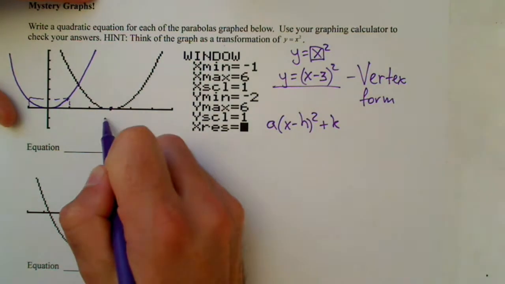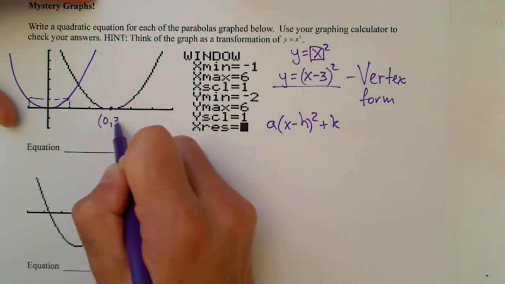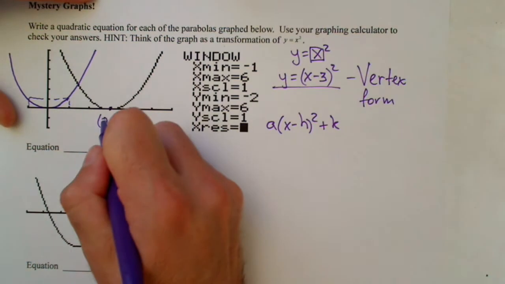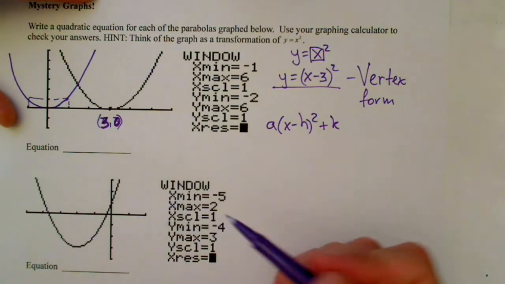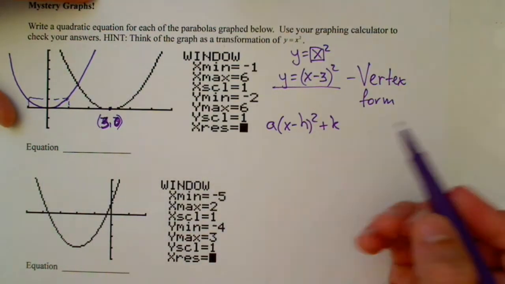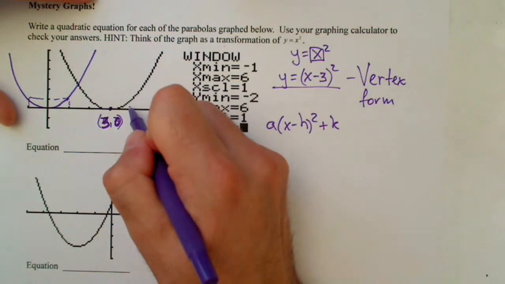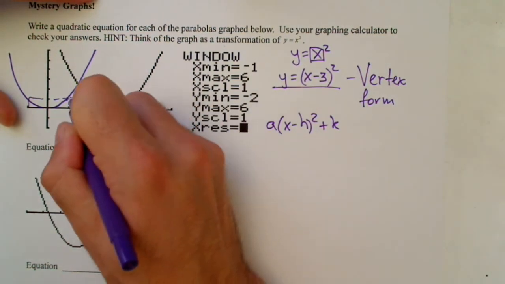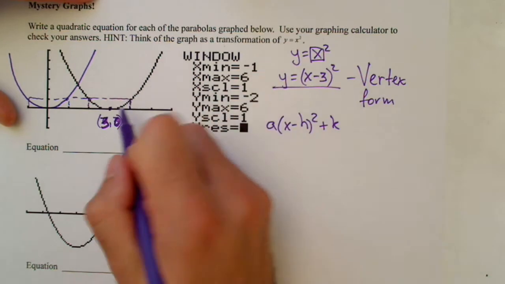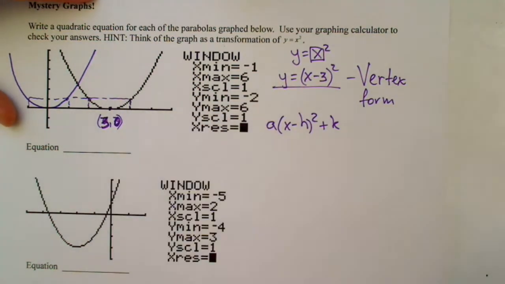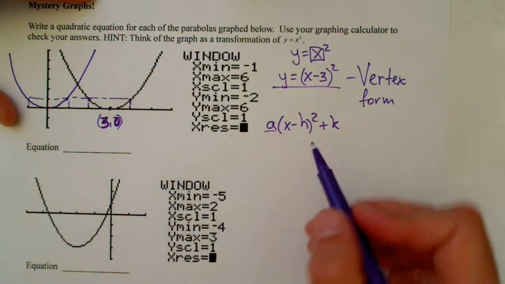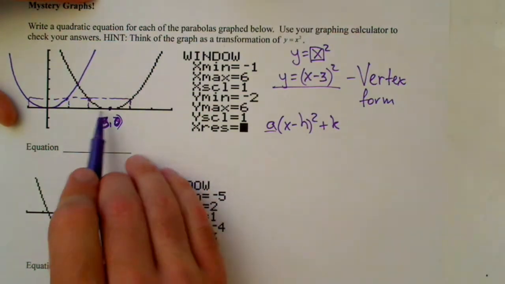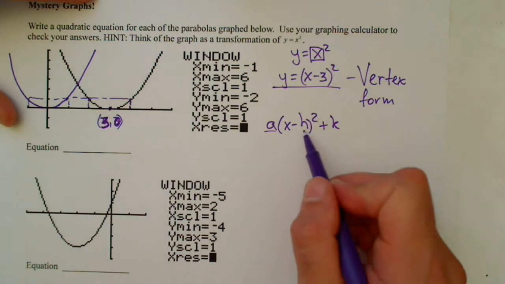Our vertex is actually the opposite: 3, 0, because the x value is 3 and y is 0. What we do is check the shift and check our stretch. It's not stretched, because for 1 unit we have 1 unit up, so a is 1. h is the horizontal shift, 3.